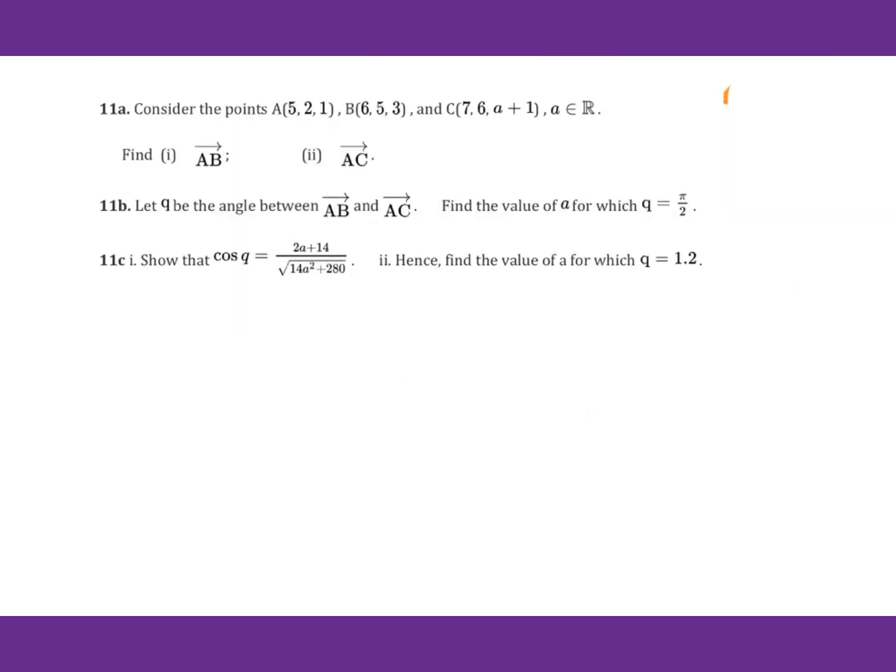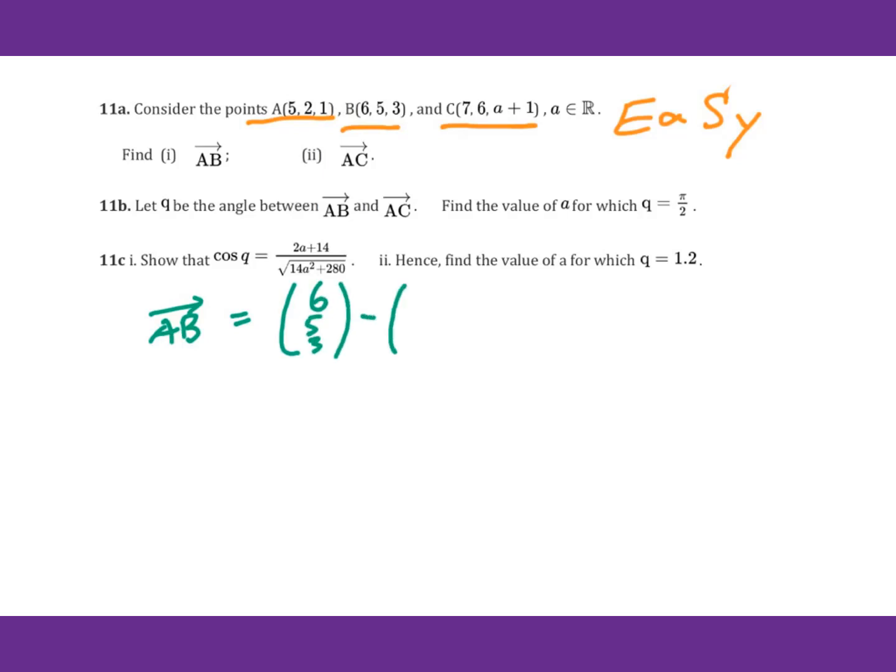Let's go to 11a. Consider the points A, B and C. Find AB. Since these are coordinates, we have to use ending minus starting. So I have AB equals B, that's 6, 5, 3, minus A, 5, 2, 1.